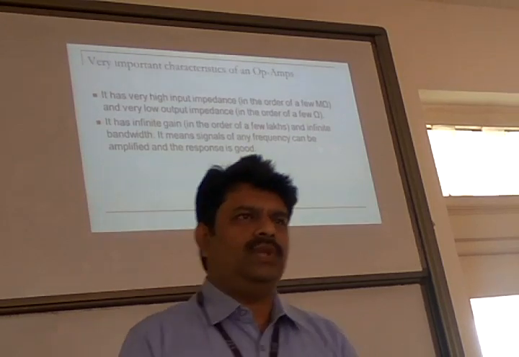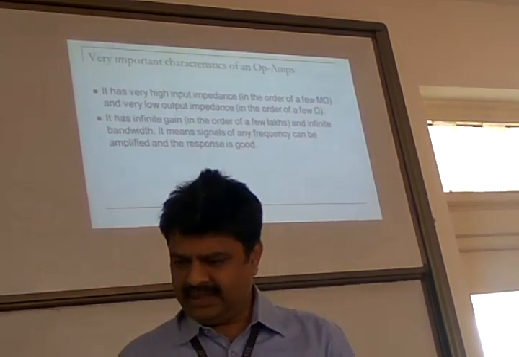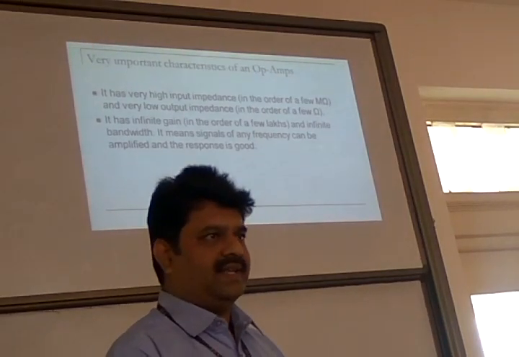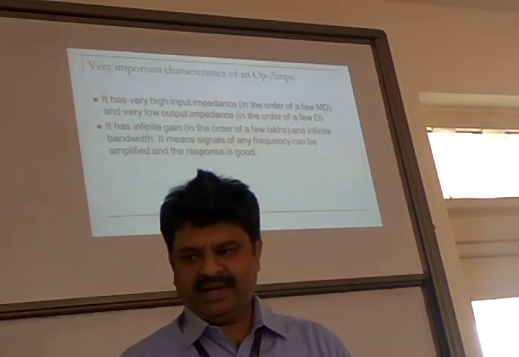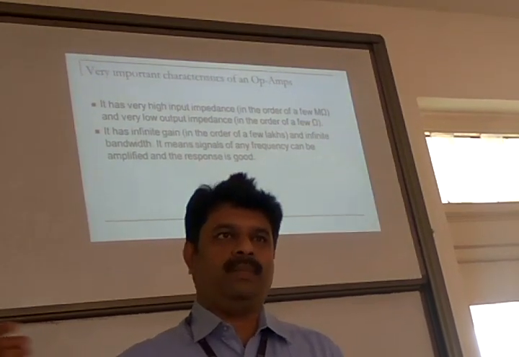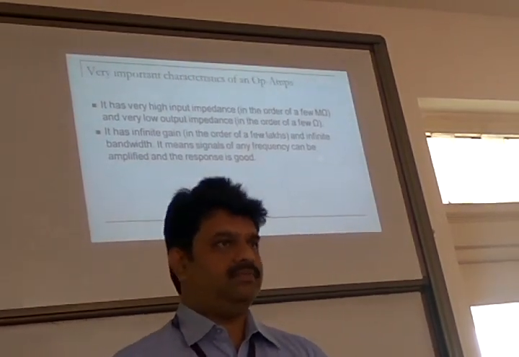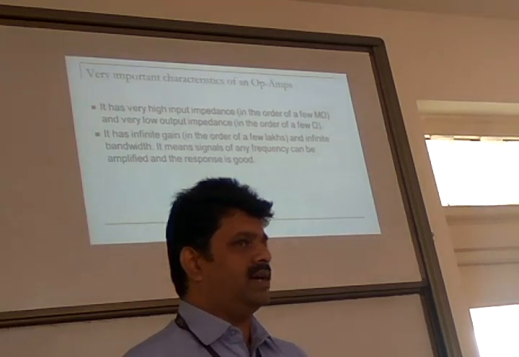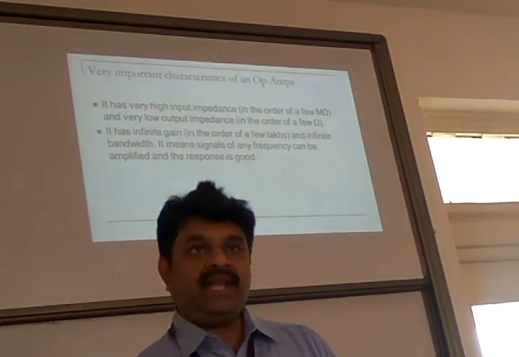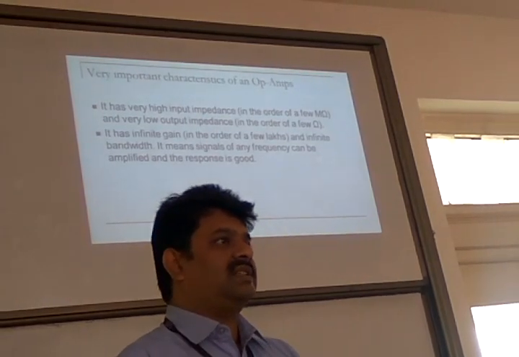Another important characteristic is that whatever the current flowing into the amplifier, it should resist. But the amplifier is connected to some other device, maybe a data acquisition unit, a display unit, or some other control unit. That device, for its own functioning, may need some amount of current. Sometimes it draws current.